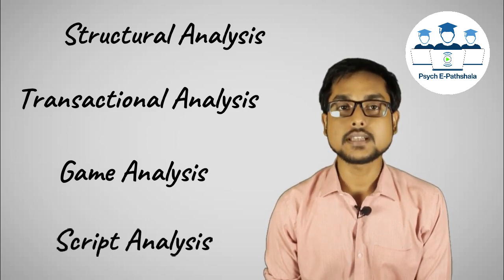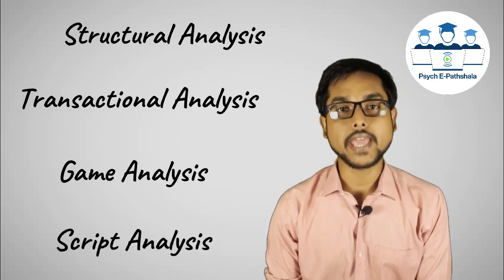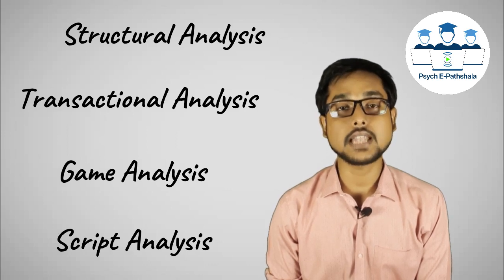The fourth one is script analysis, which aims to understand a person's life plan. Within the transactional analysis paradigm was a perspective of life scripts that simply proposed that people make decisions early in life in response to permissions and injunctions from significant others, and sometimes they need to make better decisions later.